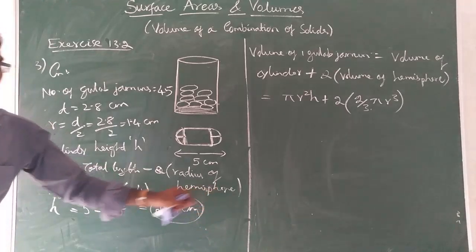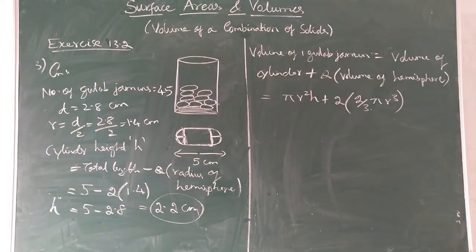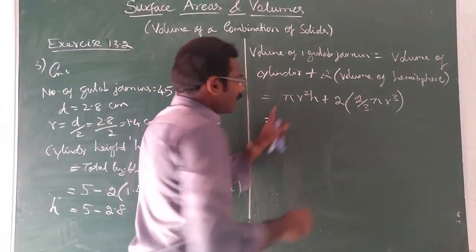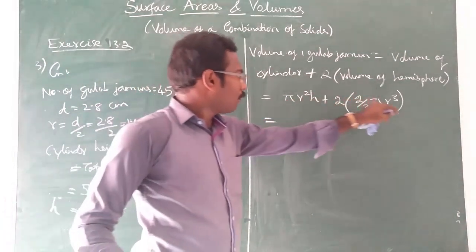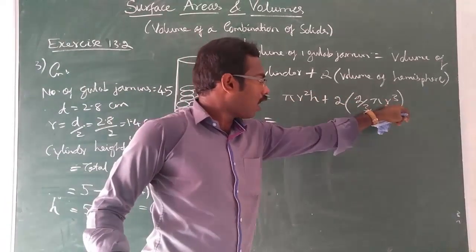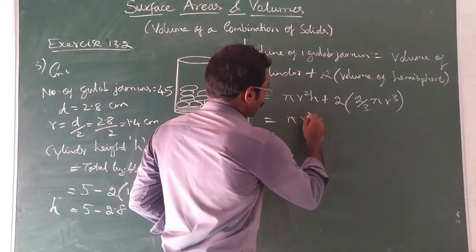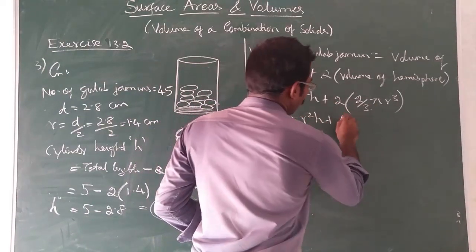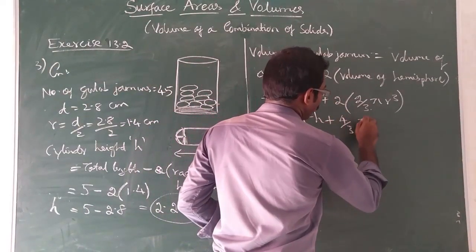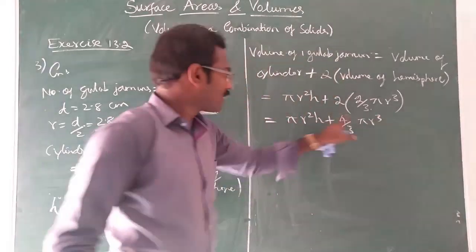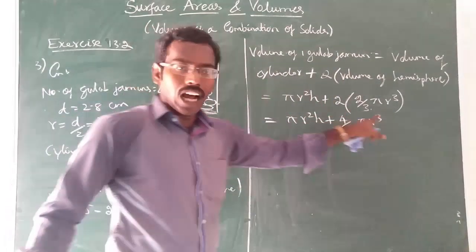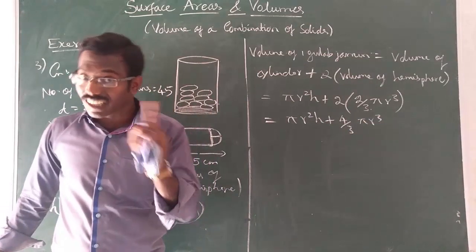Is it clear? Okay, so now we have to apply the values in the formula. Let us take pi as common. Here r square is there, here r cube is there. So first let me write like this: pi r square h plus 2 into 2, 4 by 3 pi r cube. So pi is common, and r square is common in both.